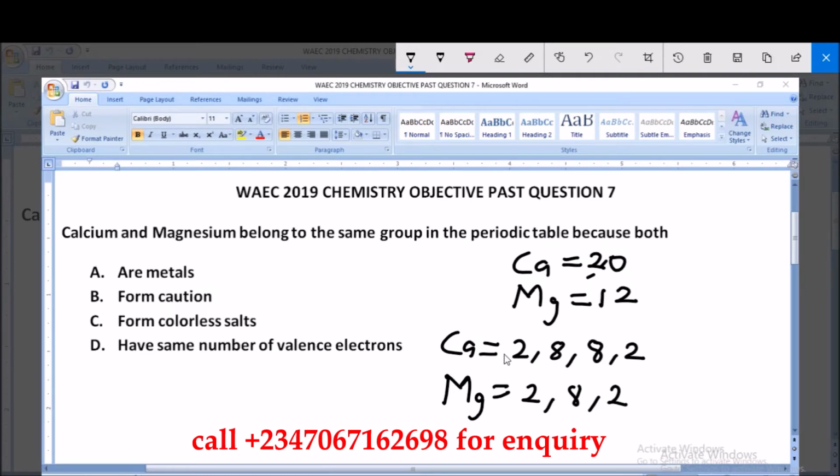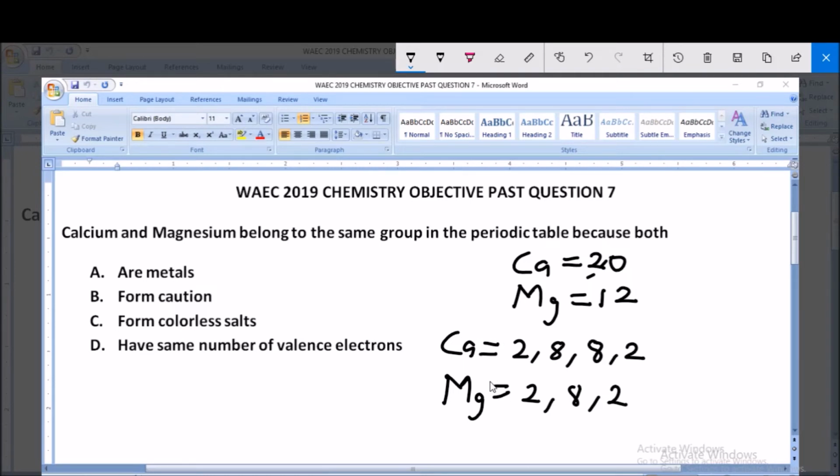Once you establish the atomic numbers of both, notice that both calcium and magnesium have 2 electrons on the outermost shell. The electrons on the outermost shell are what are known as the valence electrons.